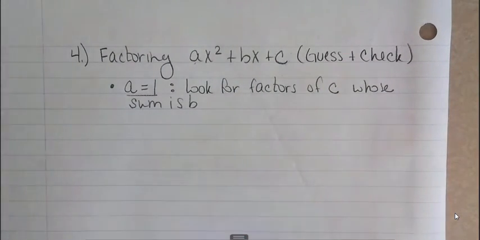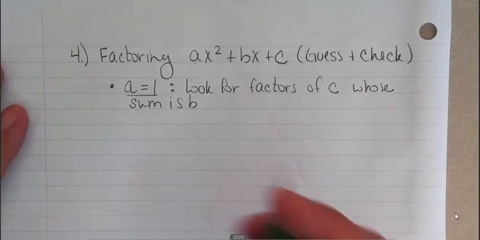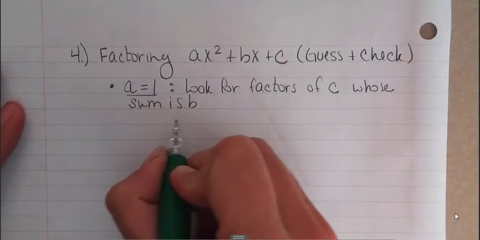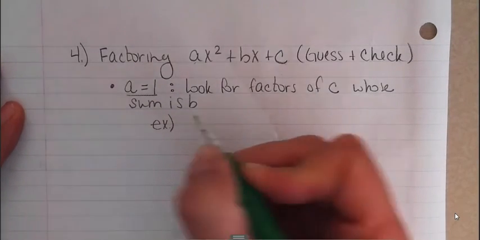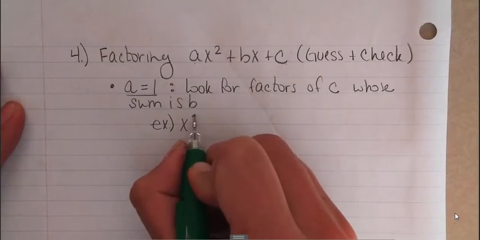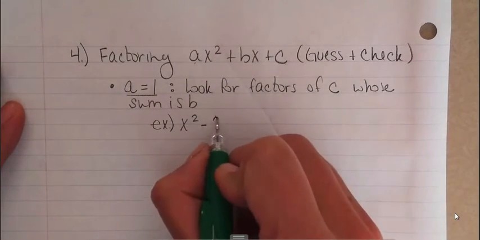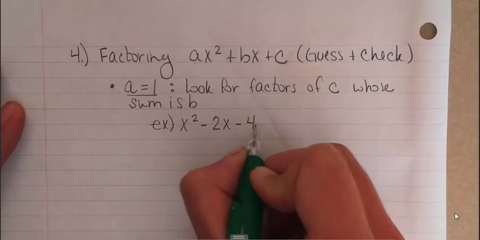Okay. So for example, let's factor x squared minus 2x minus 48.